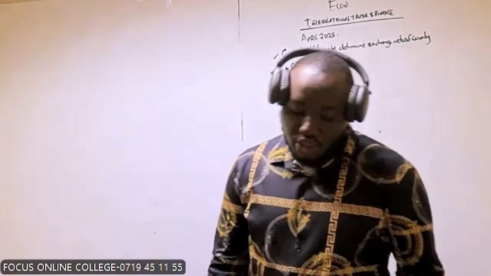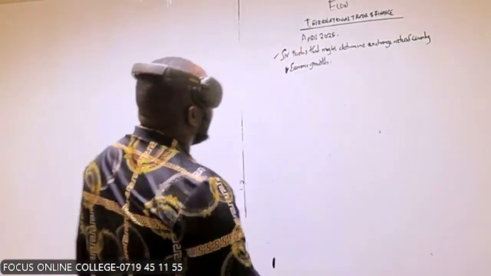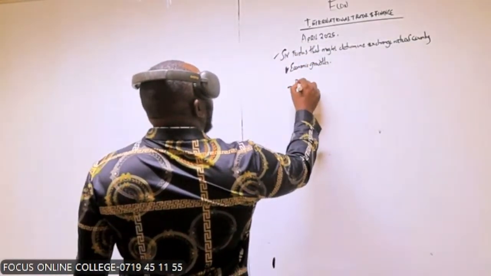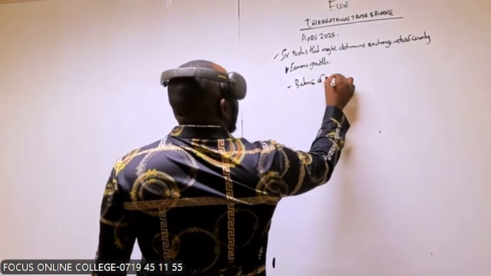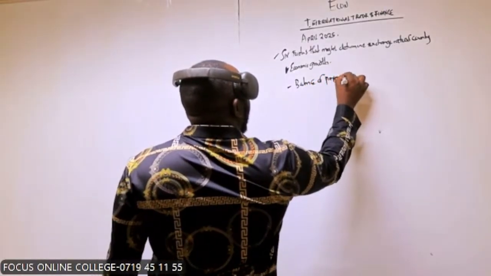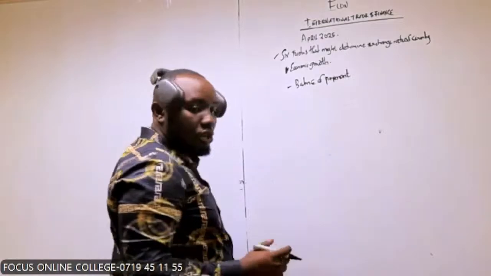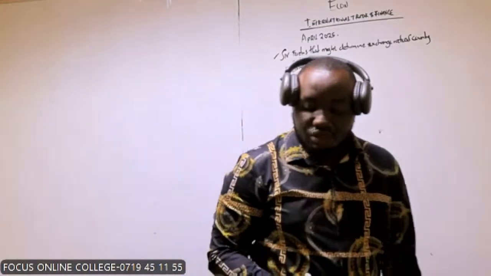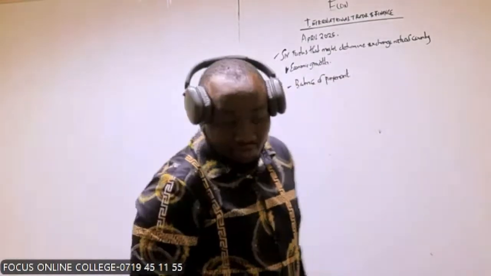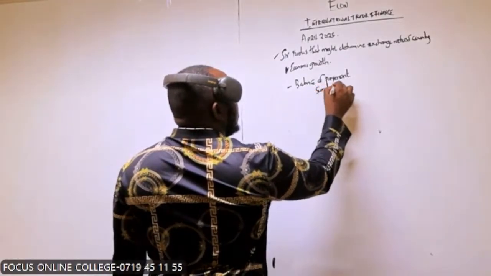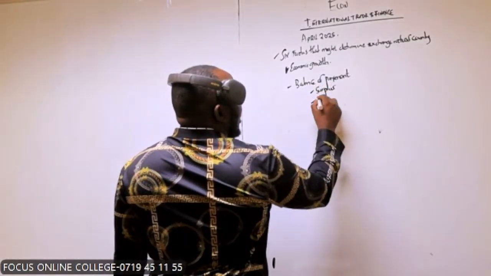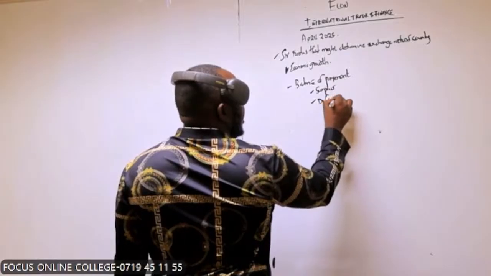So I've talked about economic growth, but I also talk about balance of payment. So whenever we talk about balance of payment, we have two: we have what's called surplus, and then we have what's called deficit.